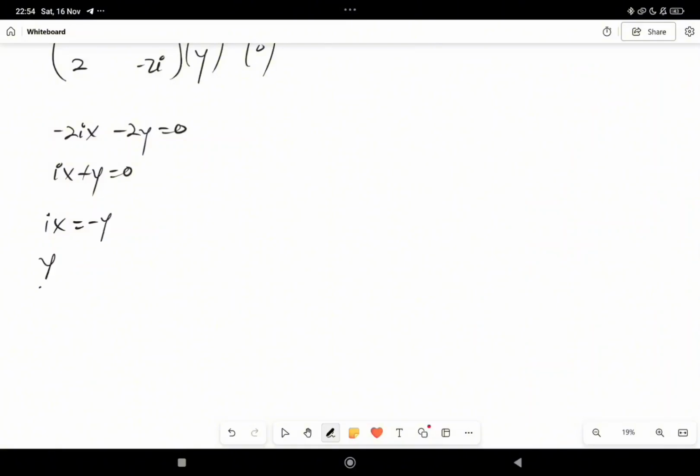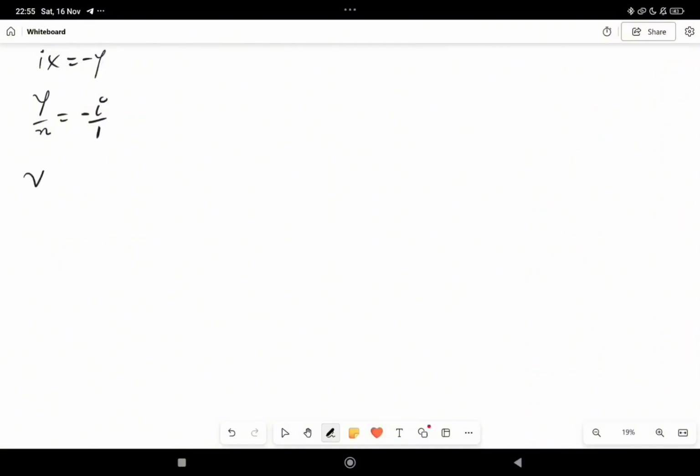And when we divide y by x, we're going to have minus i over 1. So our eigenvector, x and y, is equal to 1 and minus i.